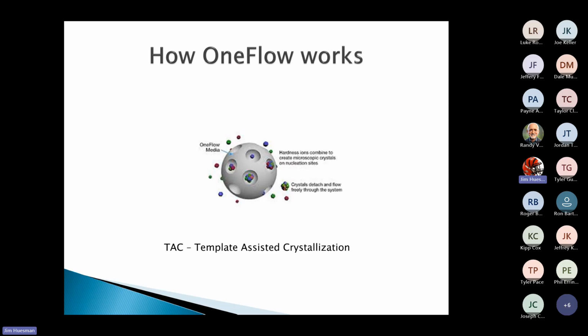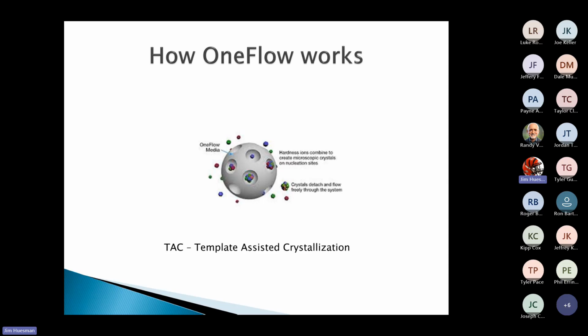After it holds onto it for a while, we call it TAC, template assisted crystallization. As you all know, that word is way too big for me to use. So the way I explain it is, hey, it's a golf ball. We're holding on to the calcium and magnesium, and it's going to slowly start to microscopically flake apart. The calcium and that OneFlow media are going to start going down your line.